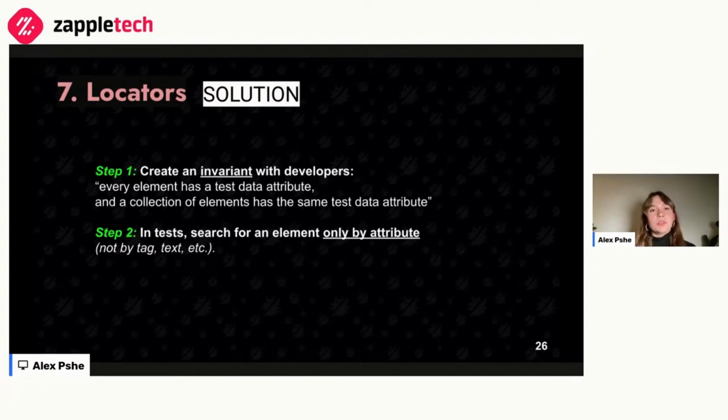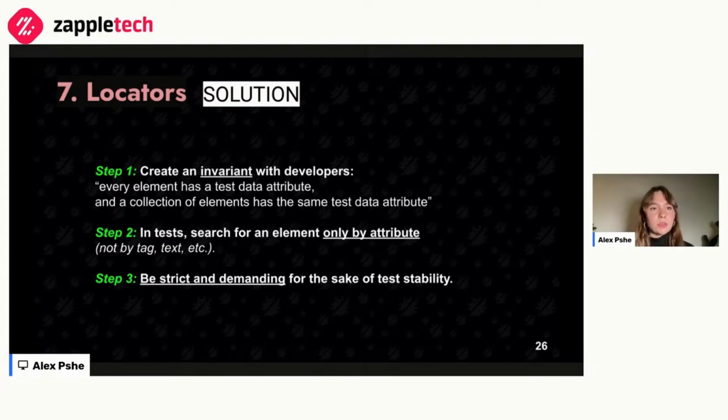It's technically possible with XPath and with CSS. So yeah, and finally, be strict and demanding for the sake of testability. Here we should really try to spread this information as a rule, as a culture. I hope it's clear.